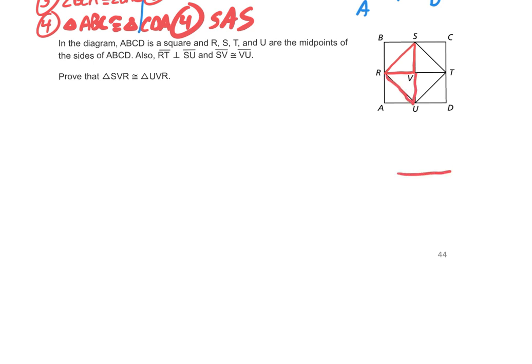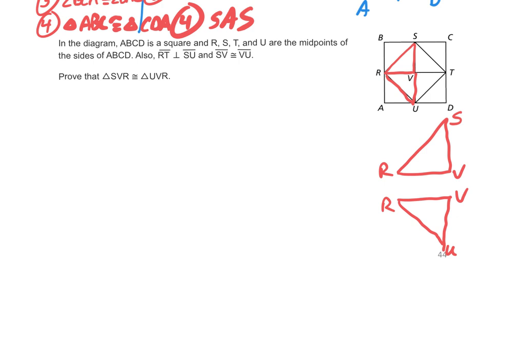These are the 2 triangles that we are focused on. And I'm just going to redraw them, okay?